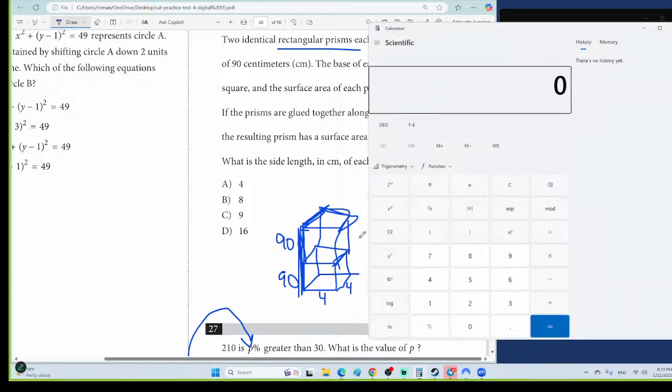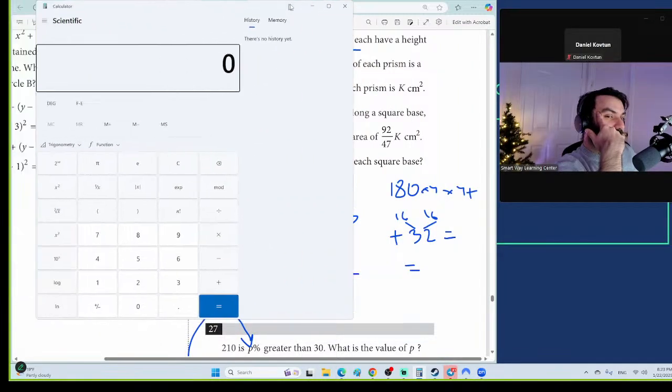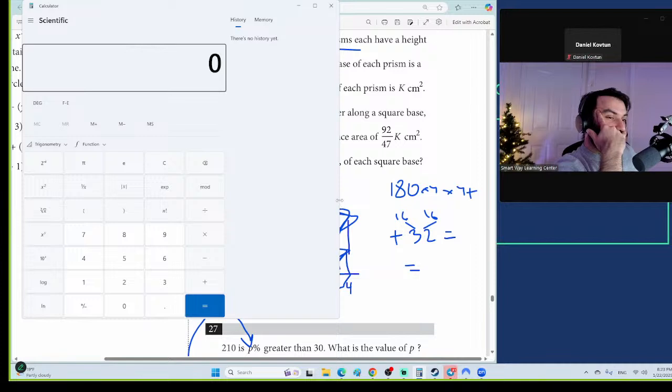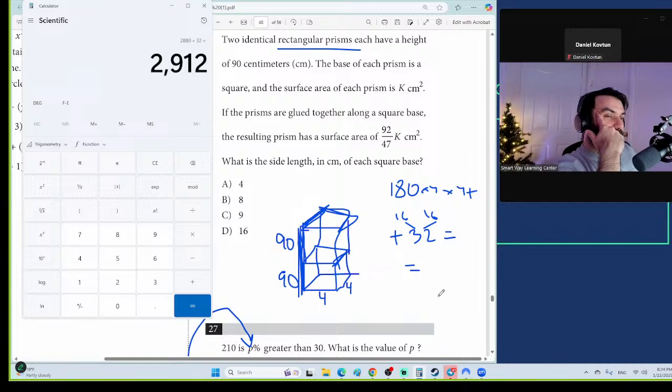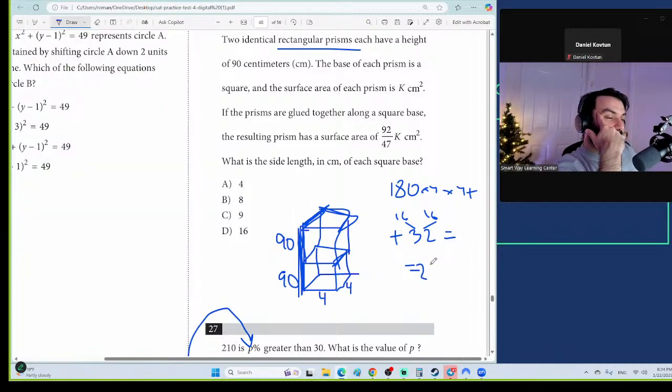This is the only way I can think of, which is a very, very long way. 2912.